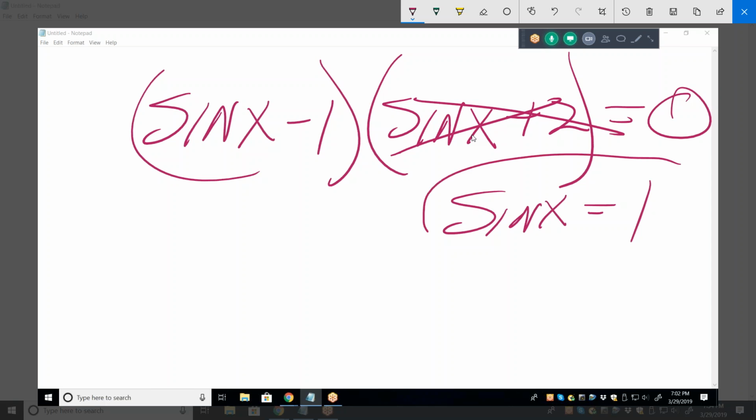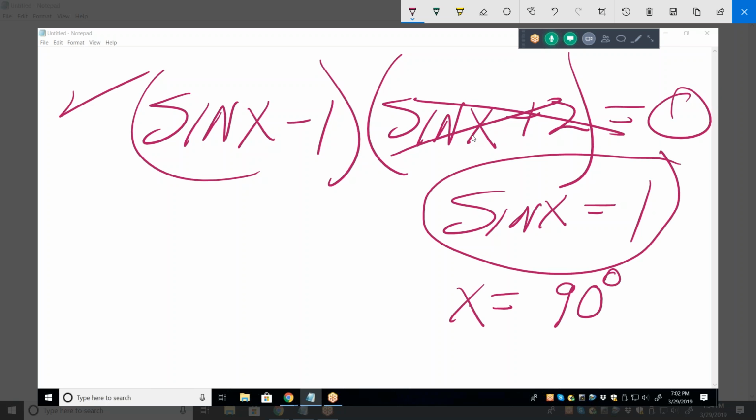So the only solution to that is 90 degrees, when the angle x is 90 degrees. What I'm saying is that quadratics can come into play with trig functions or exponential functions or a lot of things other than just polynomials.